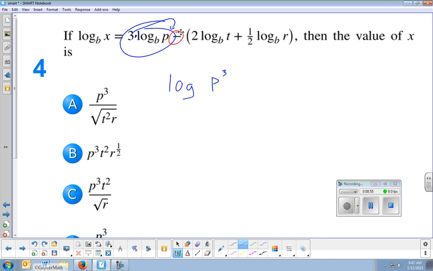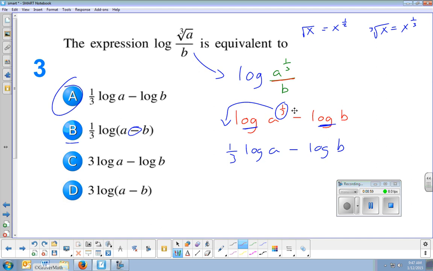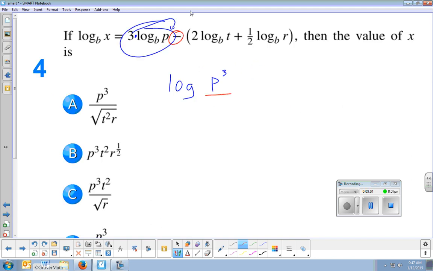This minus here tells me it comes from division, right? We saw a division, we made it a difference. So I'm going the other way. When I see that minus sign, I make the division sign. And then I know that both of these variables, the t and the r, are going to be down here because they're in parentheses after the minus. And so that's what tells me they're kind of grouped together.